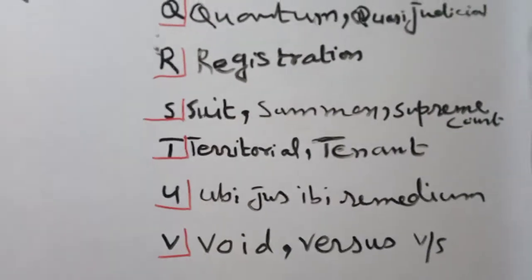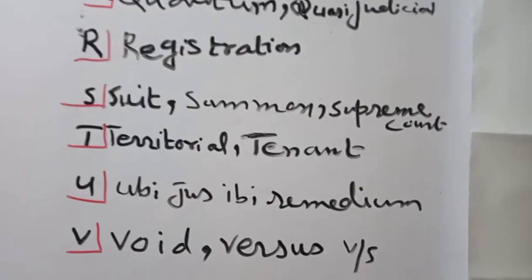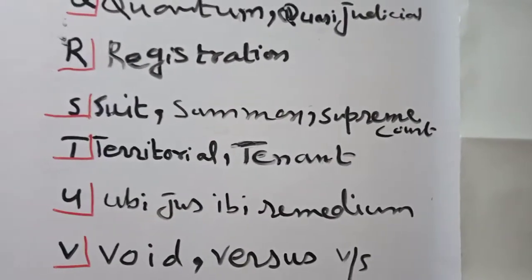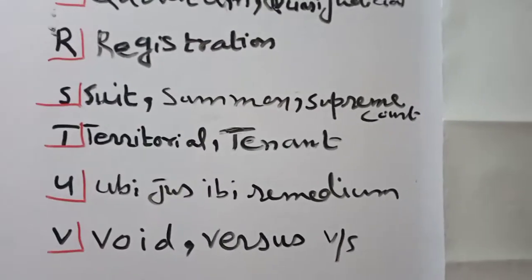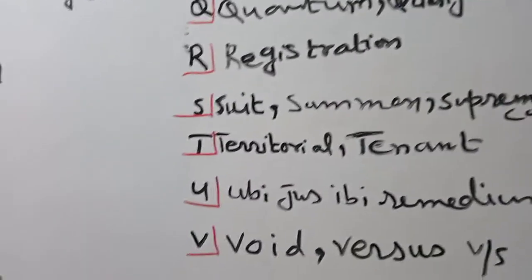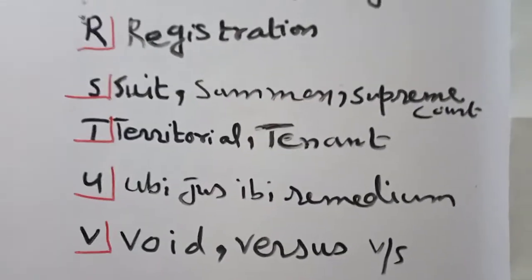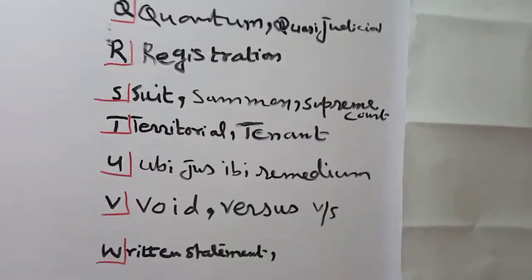When it is in writing form or now in computerized form, and there is a number, it's called registration. Registered means put in a book and given a number.